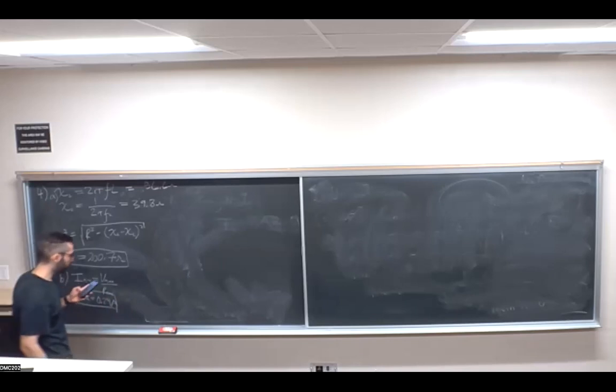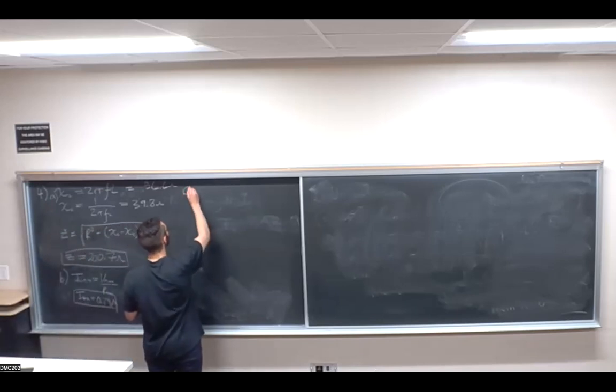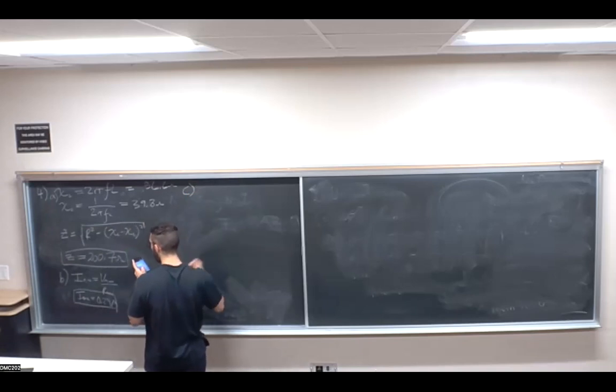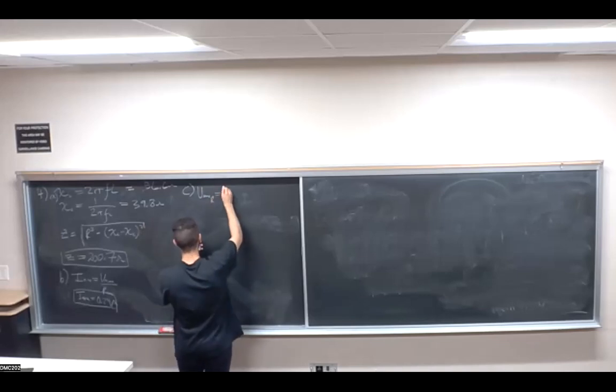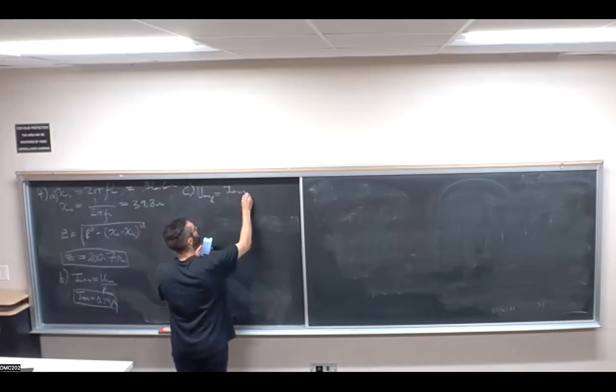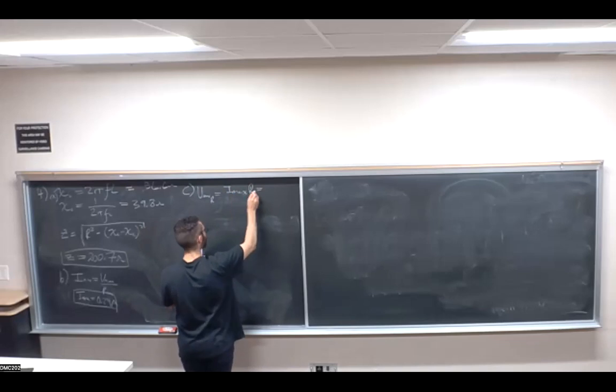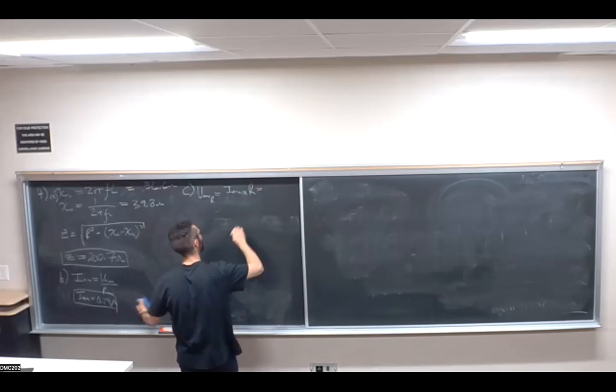The next one is part C. We're asked to find the peak voltage across all of the circuit elements, right? Across each one of them. So we have R, L, C, and you need Imax to do this. That's because the Vmax of the resistor is equal to Imax times R. It's basically the same, plug in what we just saw for Imax.